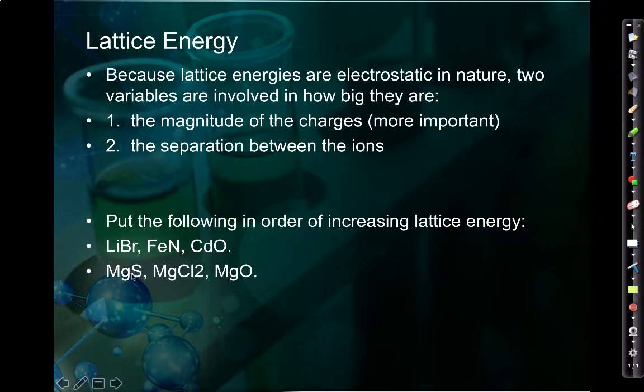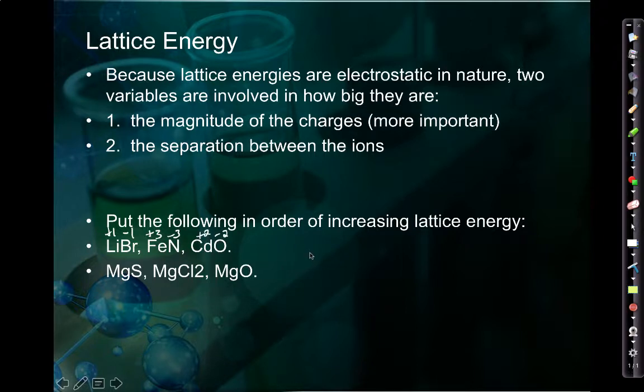All right, so let's look at the following compounds. We're going to put them in order of increasing lattice energy. So the first thing we do is we look at the charge. Lithium bromide, that's a +1, -1. Iron nitride, nitrogen is -3, so the iron has to be +3 here. And cadmium oxide, oxygen's -2, so the cadmium has to be +2.